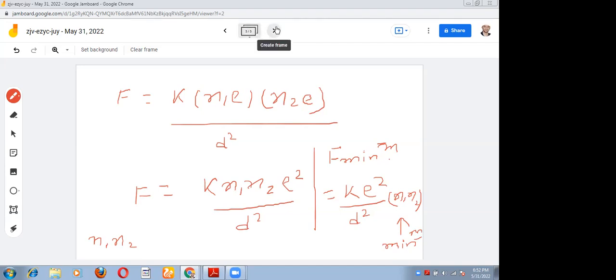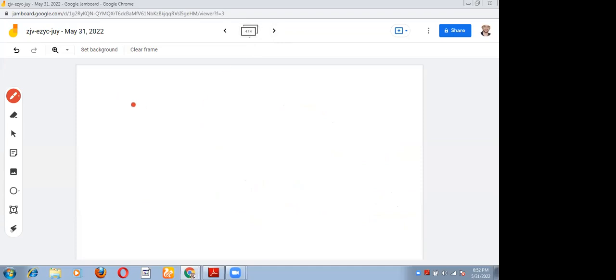So for the minimum value, we know that N1 is an integer and N2 is an integer. Value of N1 is 1, 2, 3, 4, and so on. Value of N2 is 1, 2, 3, 4. So we have to choose the minimum value of 1. For N1 the minimum value is 1 and for N2 the minimum value is 1.